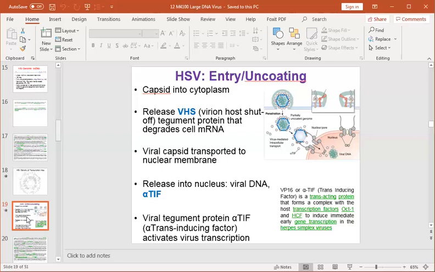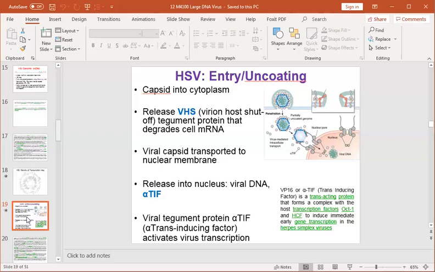Host transcription factors are called OCT1 and HCF. A complex composed of alpha TIF coming from the virus, and two host transcription factors, OCT1 and HCF, induce immediate early gene transcription in the herpes simplex viruses.